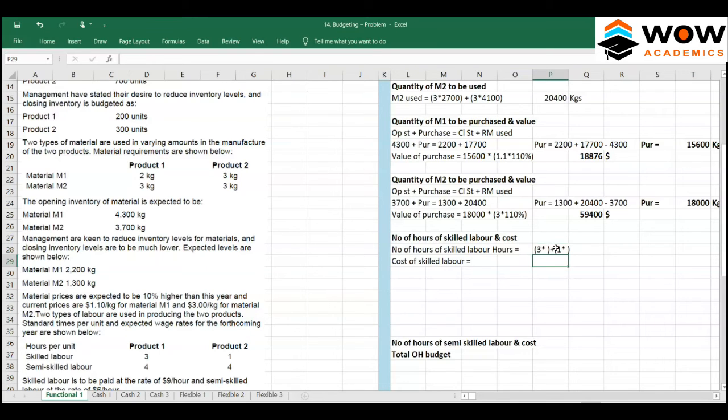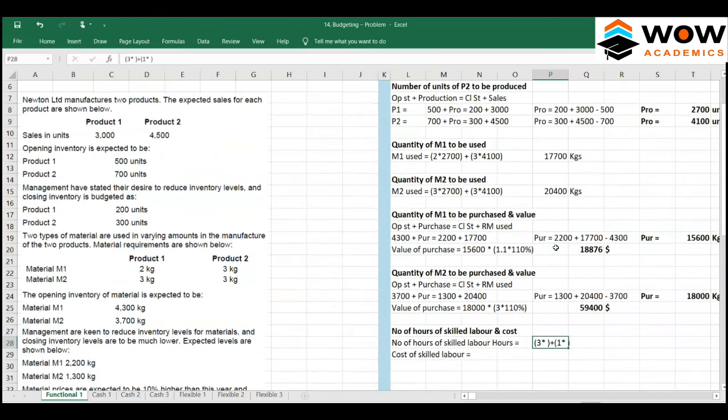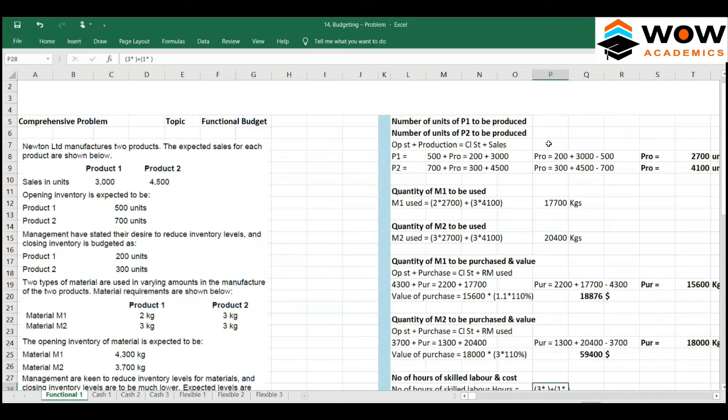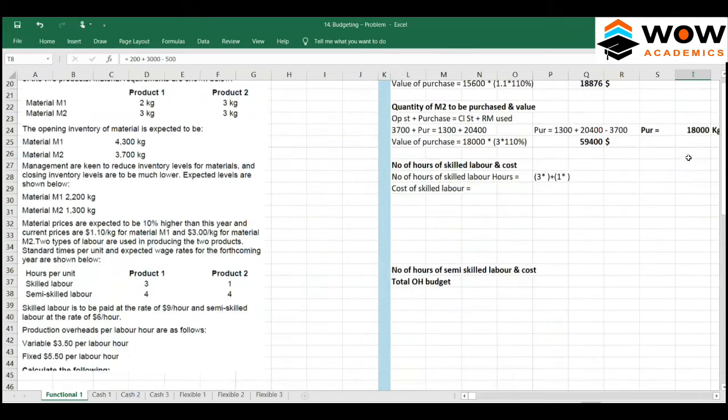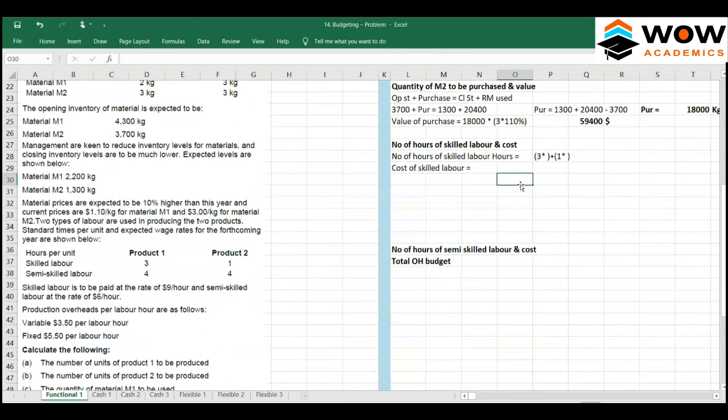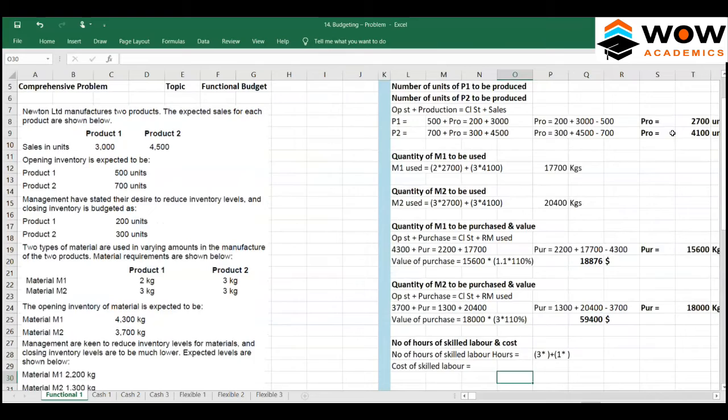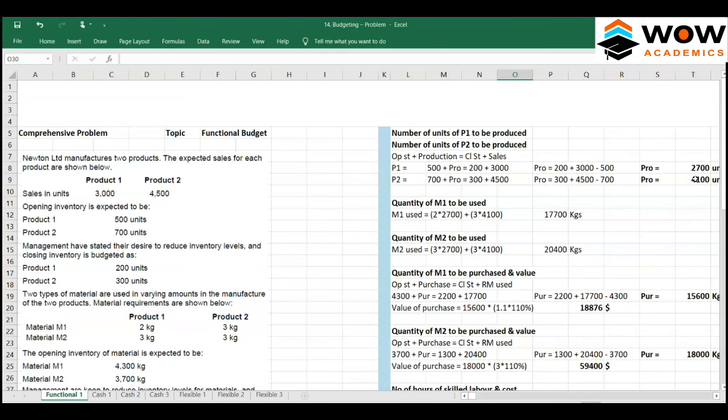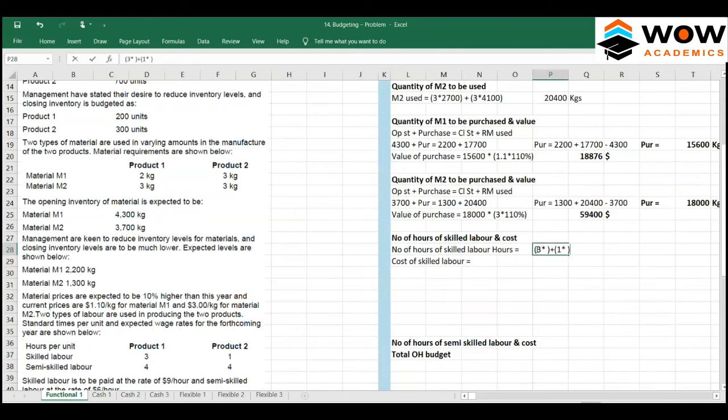So how many units are we going to produce? We are going to produce this many units, so we'll just copy. I think we can just memorize it. 2700 and 4100. So 2700 here and 4100 here.